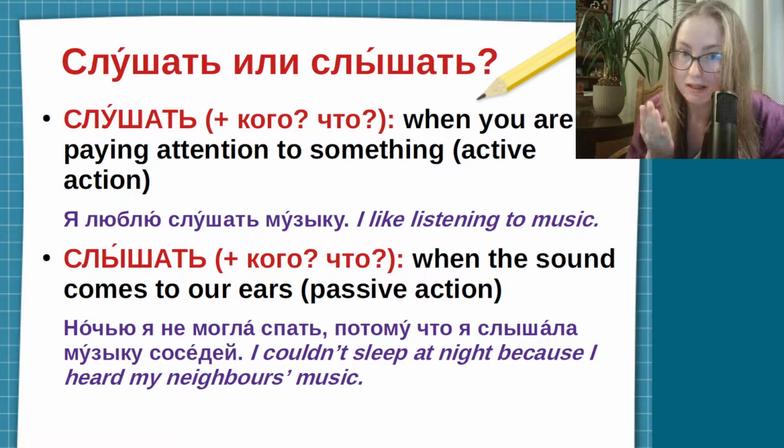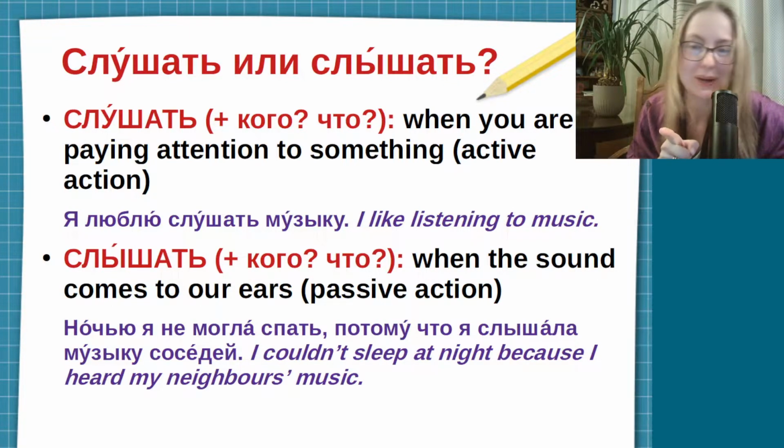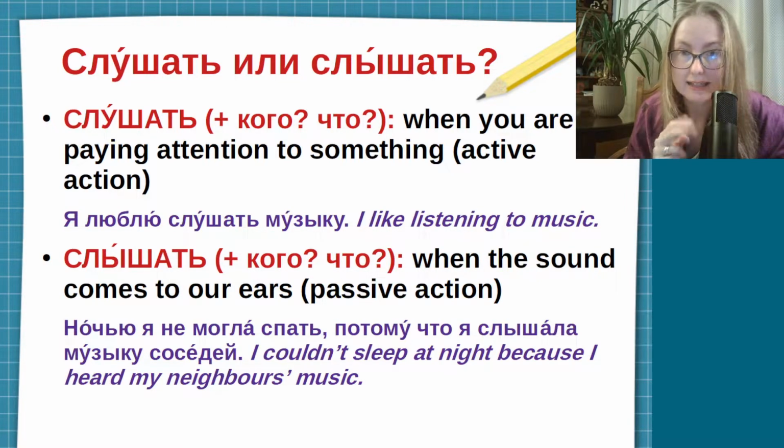And the second verb, слышать, differs from the first verb only in the letter Ы. I know that many of you hate this sound, but it's very important. And слышать we use also with the accusative case, which answers the questions кого, что.